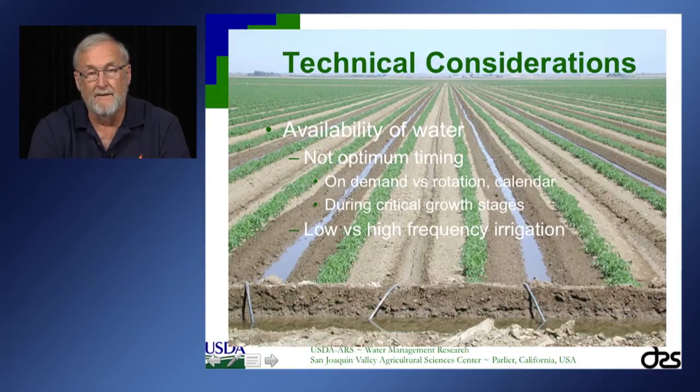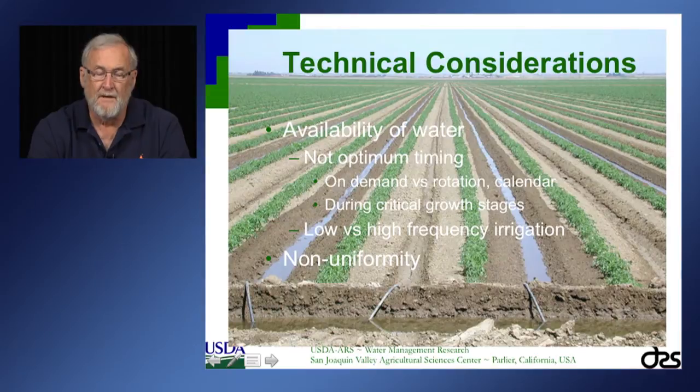So the difference is that you've changed the strategy, because no longer are you relying on the soil to store sufficient water to meet the crop demands. You're actually meeting the crop demand on a real-time basis, so you have the potential to certainly minimize the stresses that might develop.